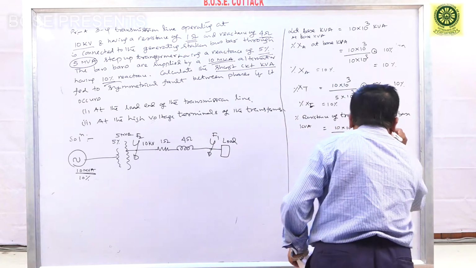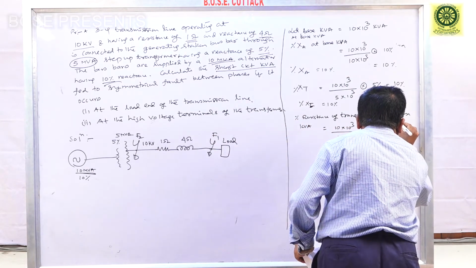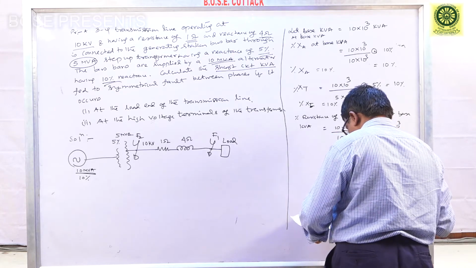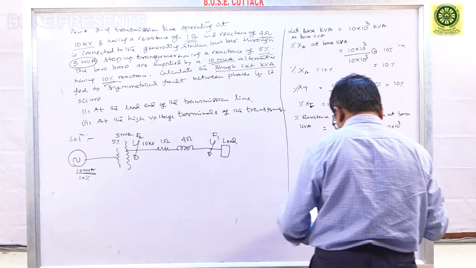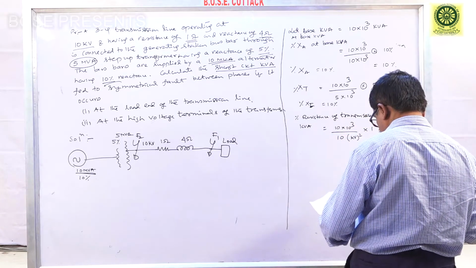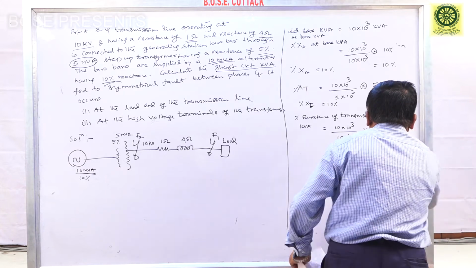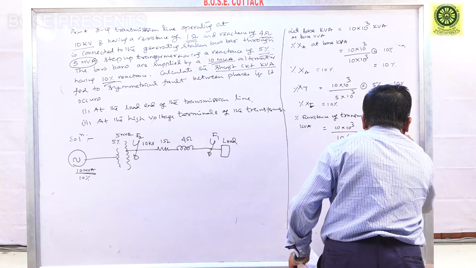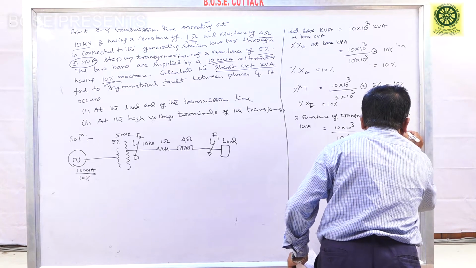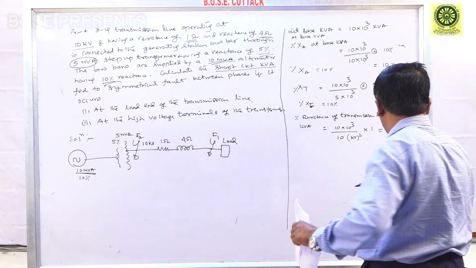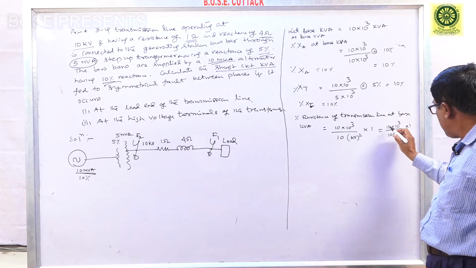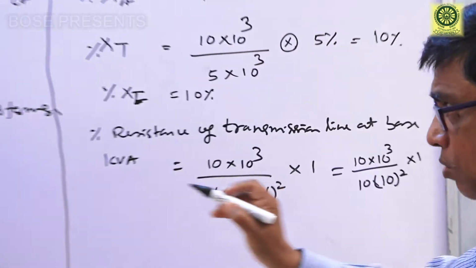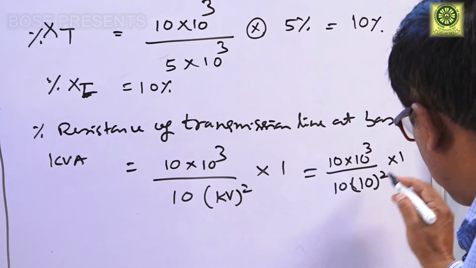So it is 10 into 10 to the power 3, divided by 10 into 10 squared, into 1. This is the formula, 10 into kV squared. So the value is 10%.